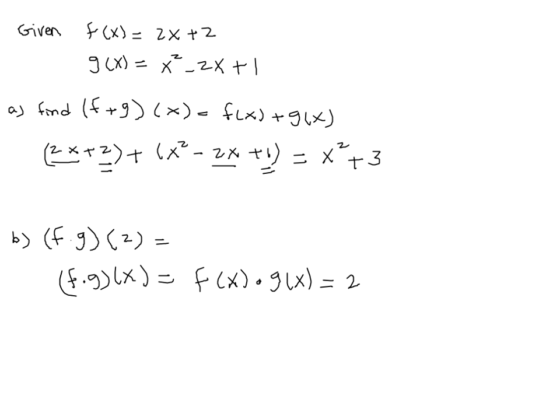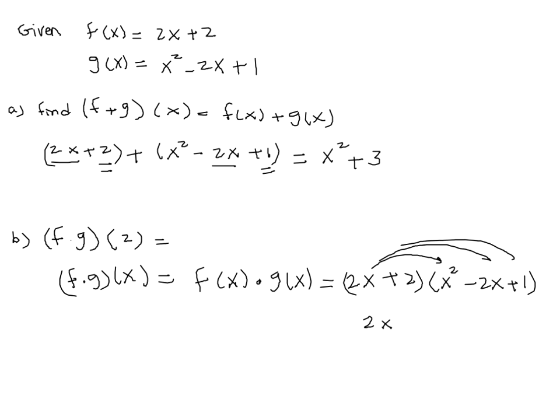F of x is given to me as 2x plus 2, and g of x is given to me as x squared minus 2x plus 1. We can distribute here. We would get 2x to the power of 3 minus 4x to the power of 2 plus 2x.